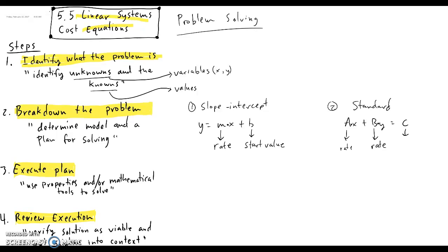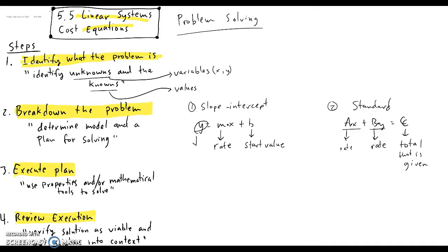The c here is some sort of total. You can see that when you add ax plus by, you're going to get some sort of total that's given. It's a total that is given. This is different than this variable over here, where y equals mx plus b.